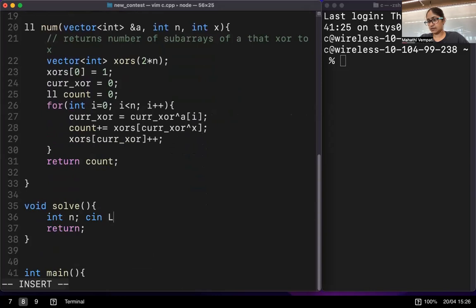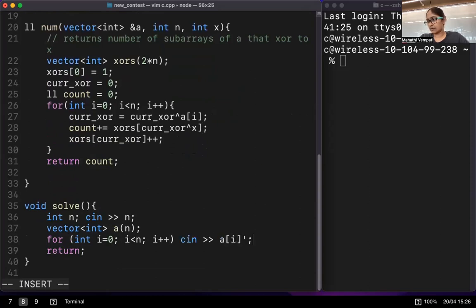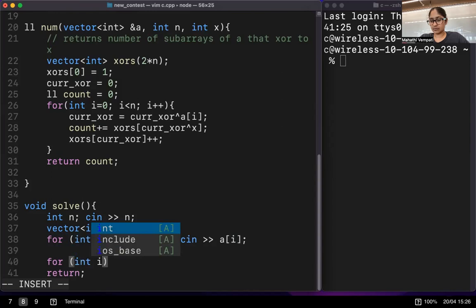And then for each N in A, for each I. Is zero considered to have a divisor?